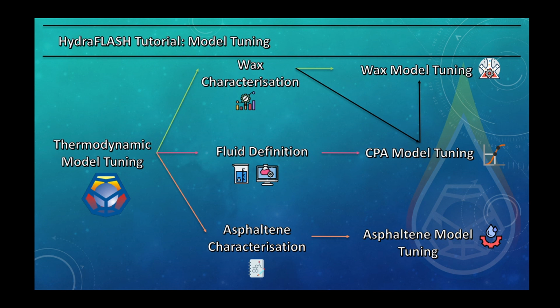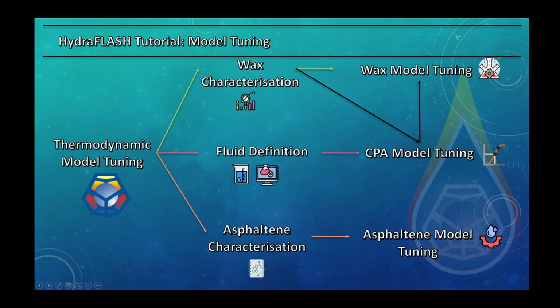So what the user can do is to first characterize the fluid with wax content data, then feed this characterized fluid into CPA model tuning and tune it with saturation properties and PVT lab test data, and then feed this tuned fluid into wax model tuning, enter the WDT data, and then tune the model.